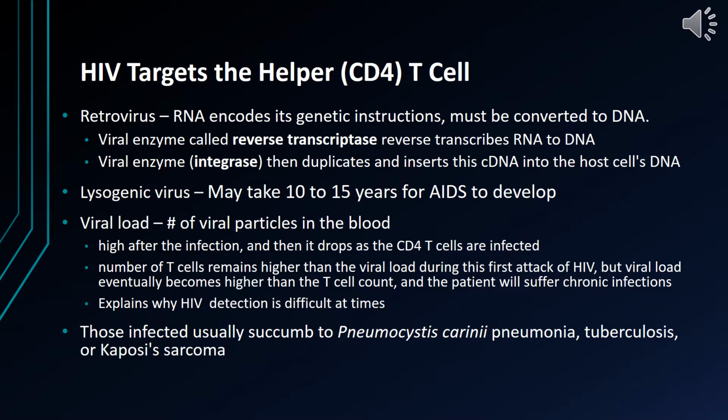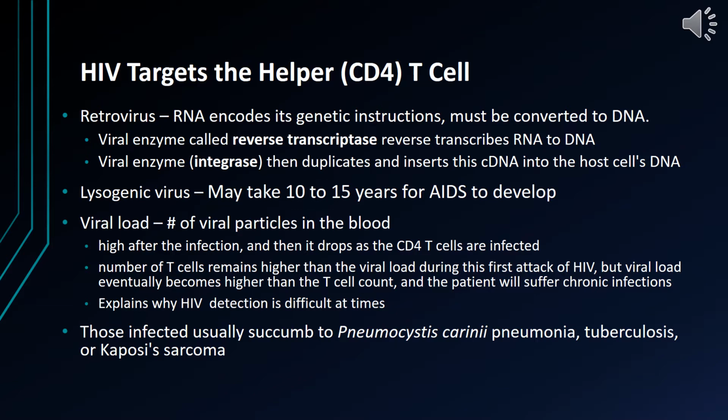So here we need to know what viral load is, and this is the number of viral particles in the blood. The viral load is higher after infection, and in the case of HIV, it drops as the CD4 T cells are infected. The number of T cells remains higher than the viral load during the first attack of HIV, but this viral load eventually becomes higher than the T cell count, and this is when the patient will begin to suffer from chronic infections.